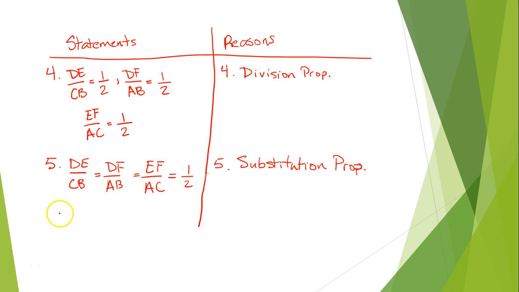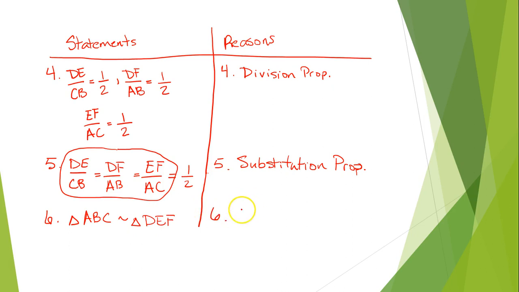And then the last statement that we actually need to make, because we know all sides of the triangle are proportional to each other, and that all segments in an equilateral triangle are congruent. Using side, side, side, we just proved that triangle ABC is similar to triangle DEF.